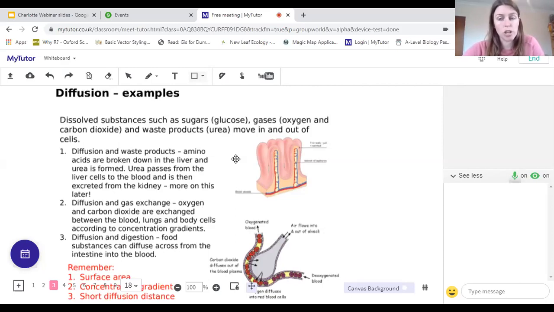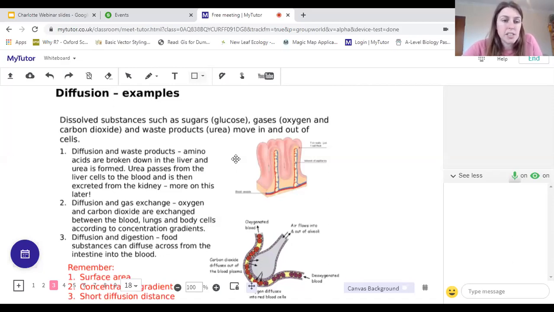Gases, oxygen and carbon dioxide, again, integral part of respiration and photosynthesis, our breathing, transpiration in plants, and also waste products, urea, which is a waste product from lots of other processes, move in and out of cells. So glucose, oxygen and carbon dioxide, and urea move in and out of our cells on a regular basis.